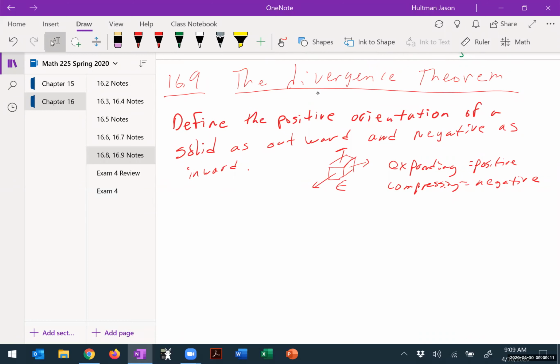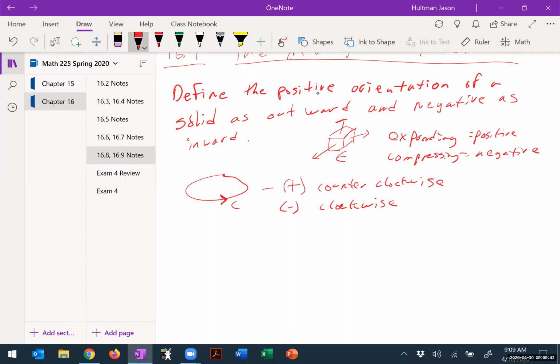Let's compare this to surfaces and lines. If I had a closed line C, what was positive orientation in this case? Positive was counterclockwise. Negative was clockwise. What about for a surface?